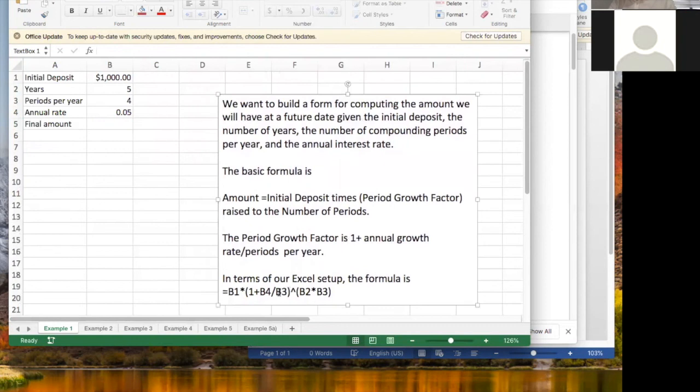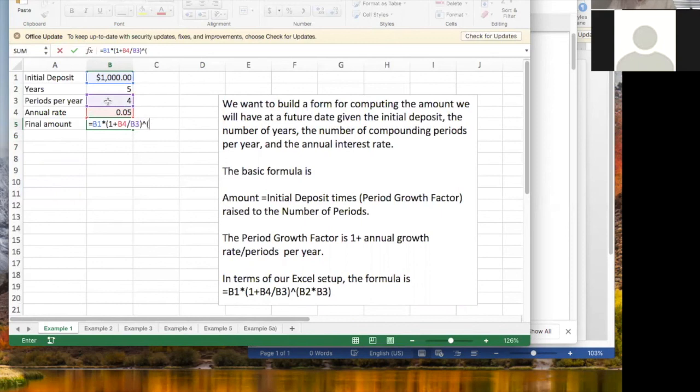It's going to equal the initial deposit times, we need to work out a period growth rate. Well, that's 1 plus the annual growth rate divided by the number of periods in a year. And we want to raise that to a power.